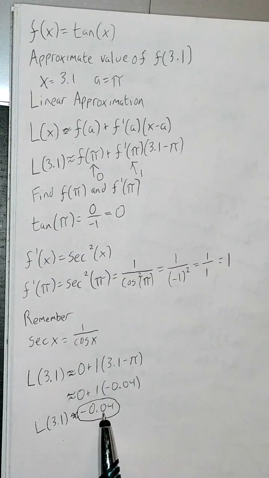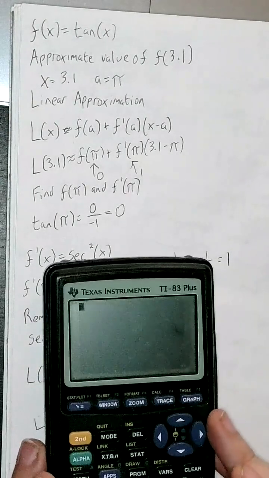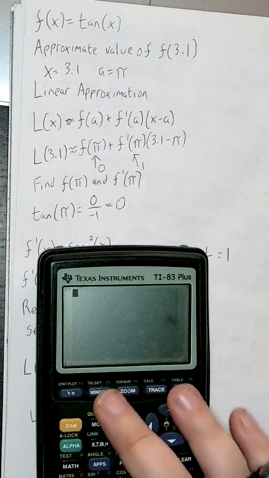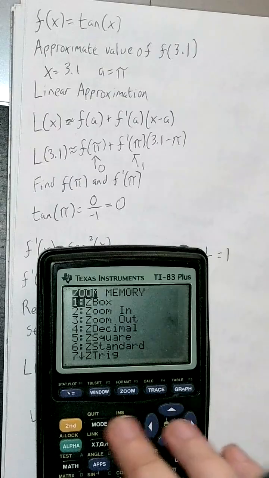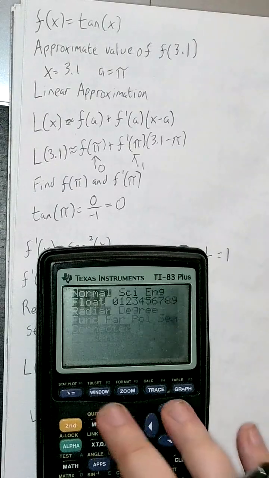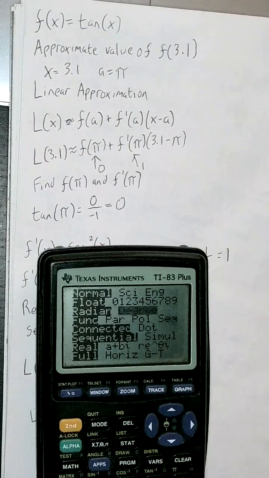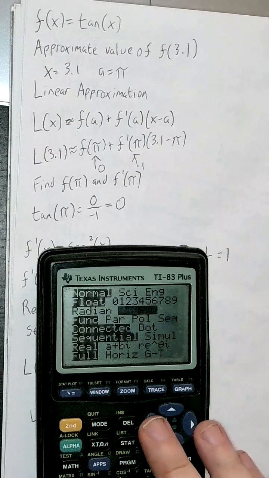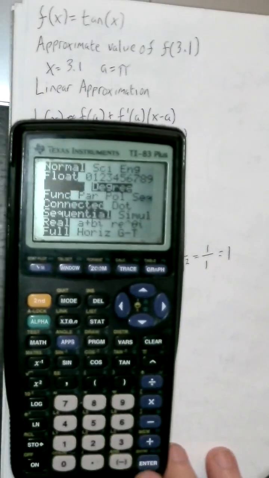So now, let's see what the actual value of that is. I need to make sure before I start that my calculator is in the right mode. I'm going to show you all how to do that on the TI-83. I'm going to go to Mode. Here, Radian is selected. If it were in degree, I'd go down to Radian and hit Enter.